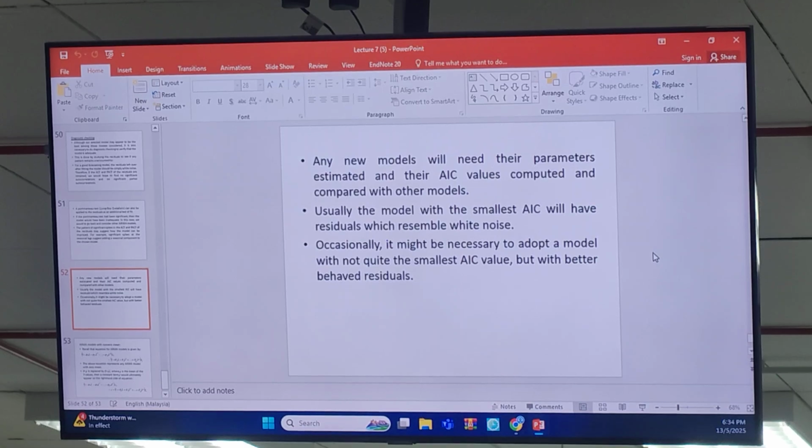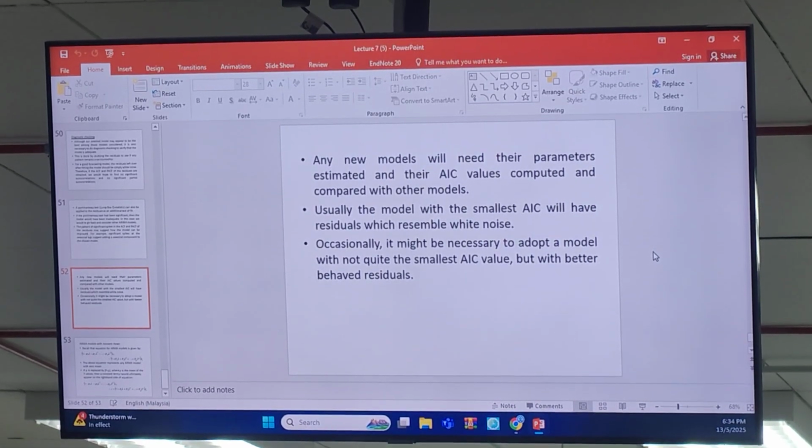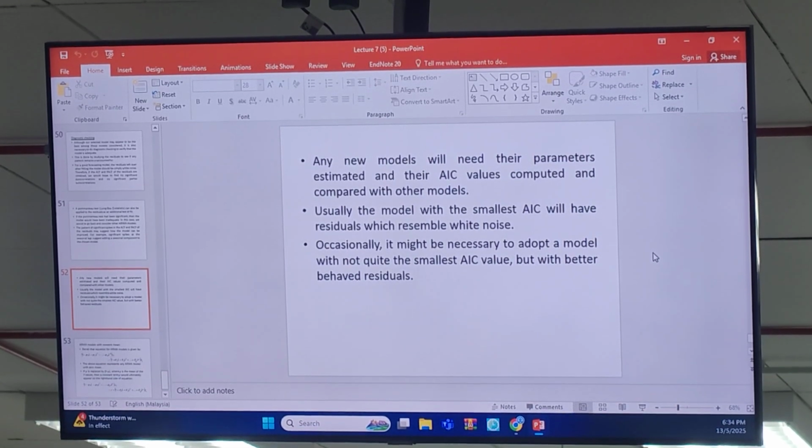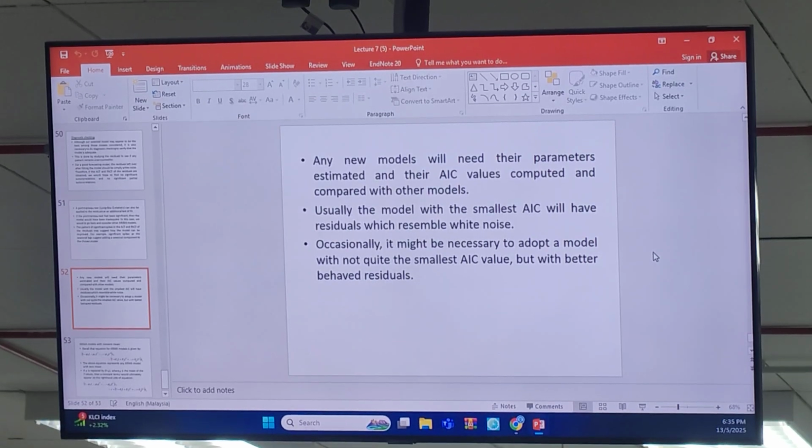Any new model will need its parameters estimated and its AIC value computed and compared with the other models. Usually the model with the smallest AIC will have residuals which resemble white noise, but that does not always happen. Occasionally it might be necessary to adopt a model with not quite the smallest AIC value but with better behaved residuals.